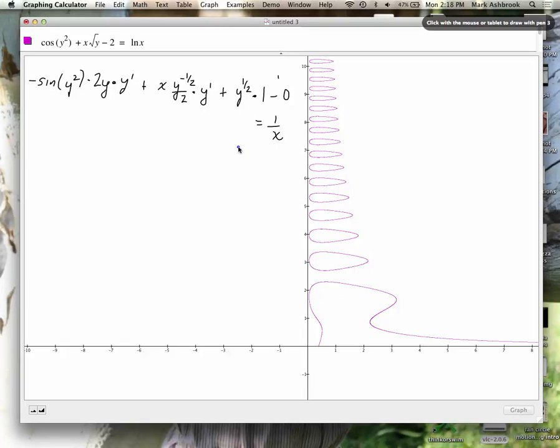Everything with a y prime is going to stay on the left. Everything that doesn't have a y prime is moving to the right. And I'm also going to factor out the y prime in the same step.